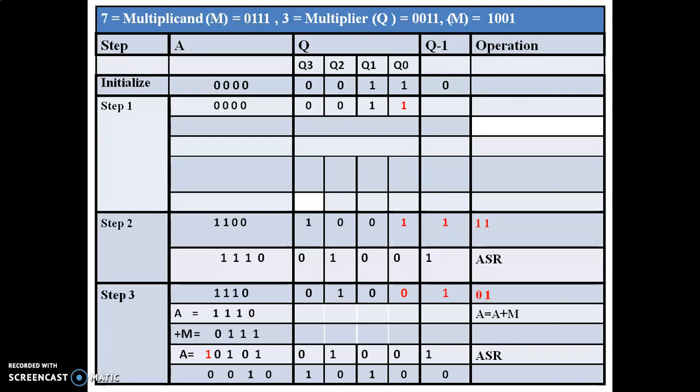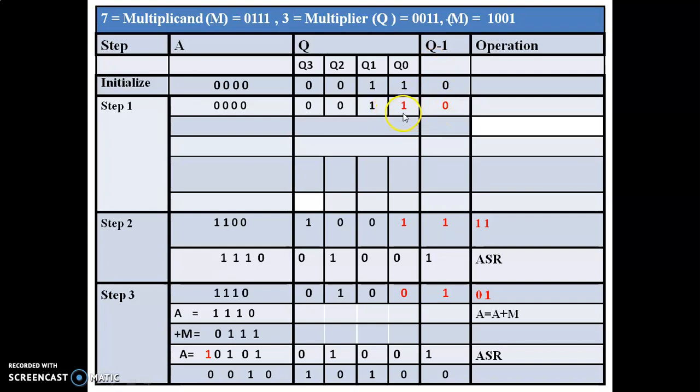Now I would suggest you keep in front of you the flow chart that I have shown you in the earlier slide, and compare. What do we have to compare? We have to compare Q0 and the Q minus 1 bit. Here Q0 is 1 and Q minus 1 is 0.